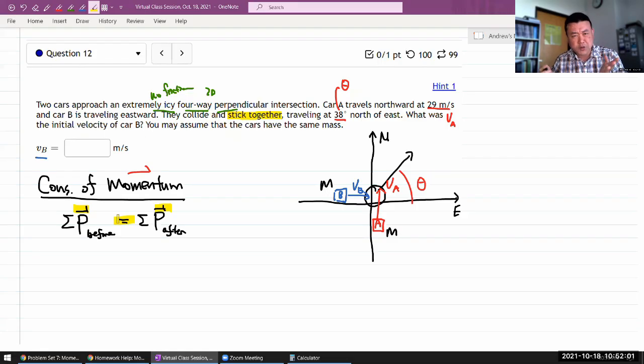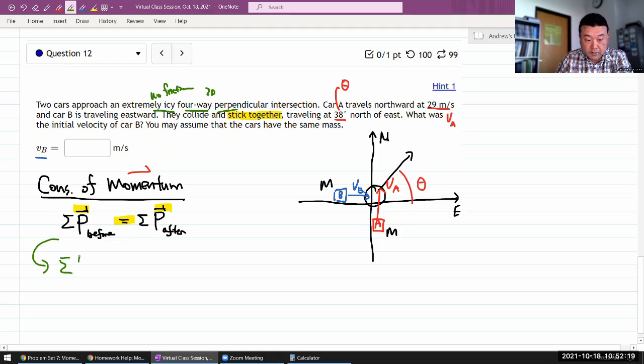So in most questions, we set it up as a one-dimensional thing so that you don't have to consider the other two dimensions. But in this question, it's now set up as a two-dimensional interaction. So we have to remember that what this equation really means is the total momentum in the x direction before is equal to the total momentum in the x direction after.